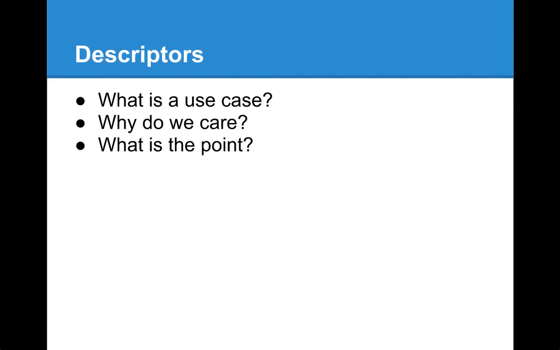So when you're designing a system, you really need to design it from the standpoint of what does the system need to be able to do? And you really want to think about what are the requirements of what the system needs to be able to do for the users. And so that's why we start from the standpoint of use cases.